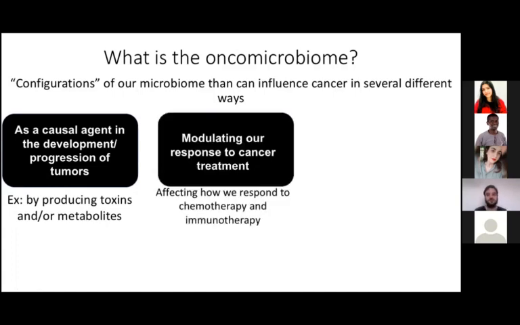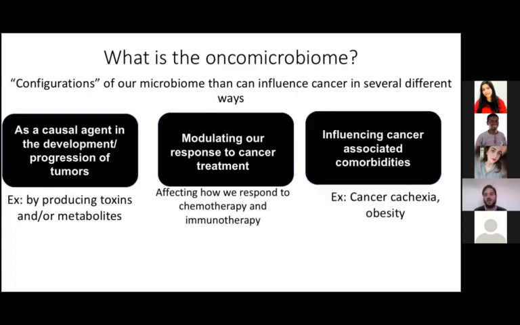We can also think about the oncomicrobiome in terms of modulating our response to cancer treatment. Depending on your gut microbiome, you can respond or not to chemotherapy and immunotherapy, depending on what sort of microbes you have in your gut.